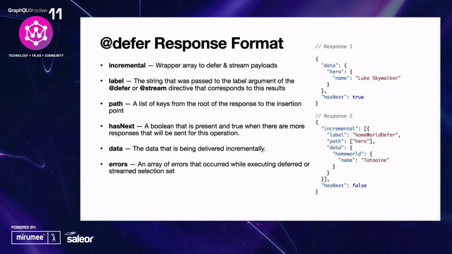Then there's the path property that will be a list of keys from the root of the response to the insertion point of the deferred data. And the data field is the actual data that was deferred. And if there are any errors encountered while executing the deferred data, they'll also be present inside that payload inside of the incremental array.